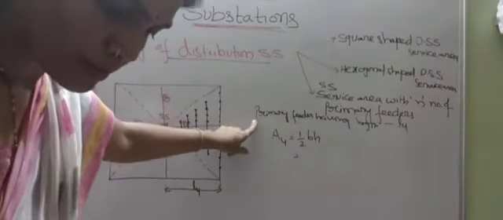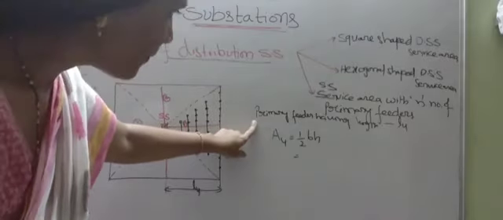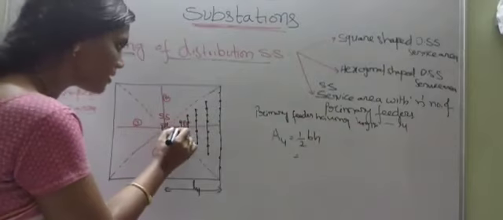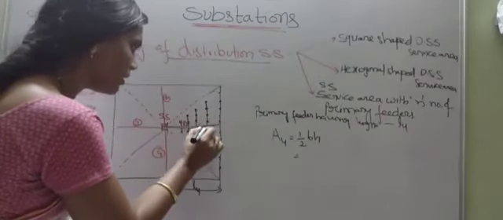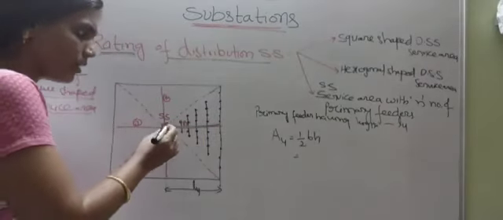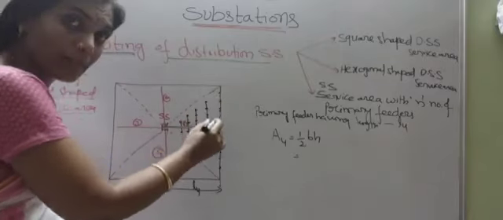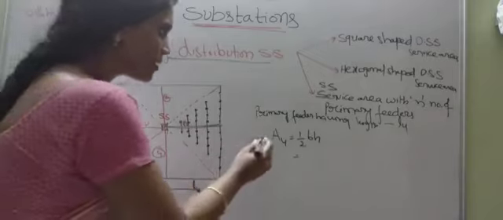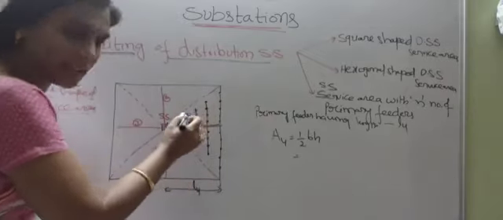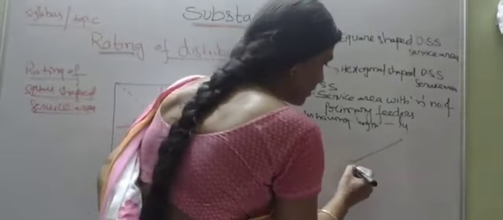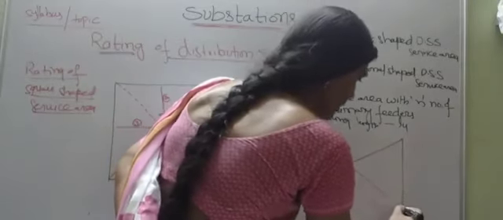Let us assume the primary feeder has a length from the substation. This is the feeder. Now we have to calculate the area served by this feeder.